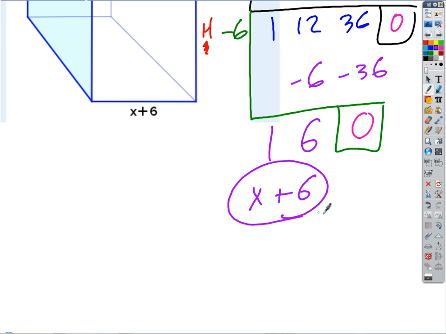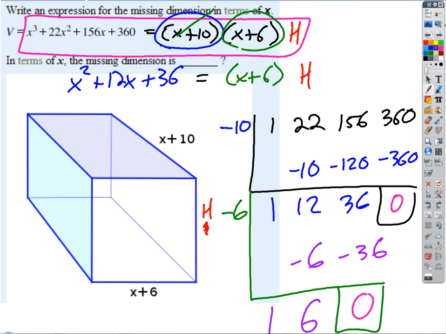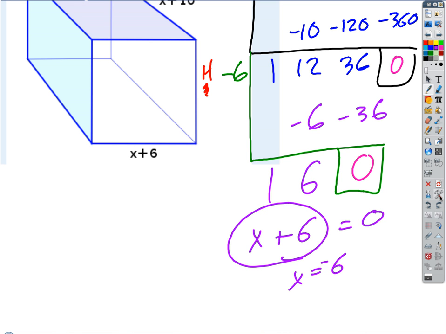So my other 0 then is what? If I set this other factor equal to 0, what's my other 0? Negative 6. So if I write all my zeros down, what do I get? I get negative 6, negative 10, and negative 6.